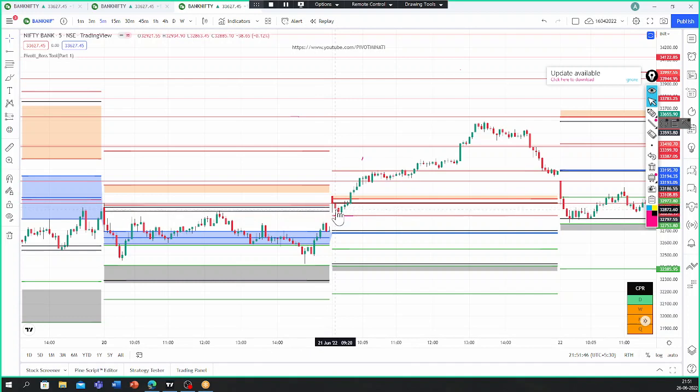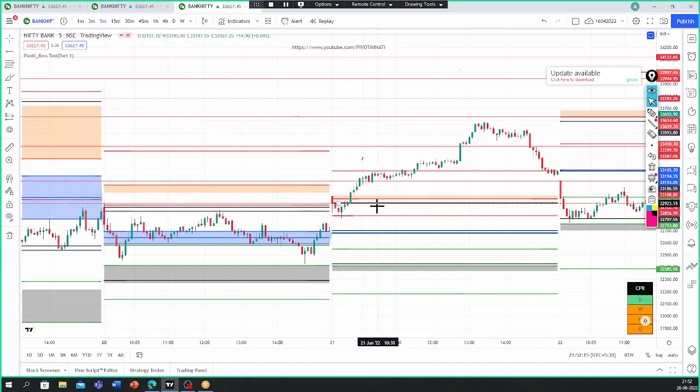When you're going for a short, wait for this first candle low to be taken out. This first candle always plays a very important role in your opening session. If there is a bearish candle or bullish candle, wait for its high to be taken out. If it is bearish, wait for its low to be taken out. Now see its low was taken out, but you have an H3 immediately here. It acted as a support and then it went up.